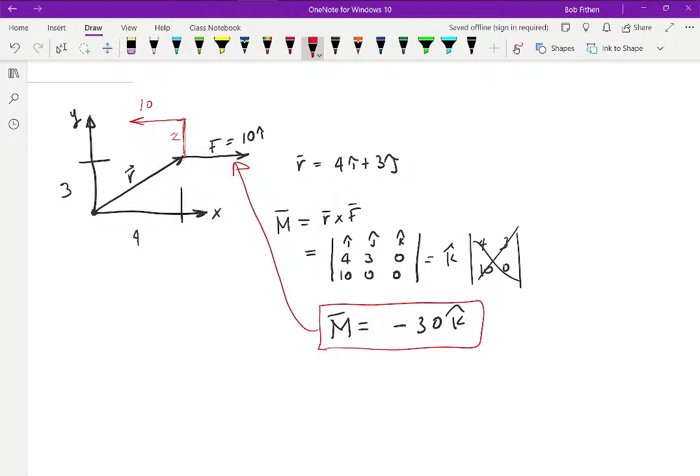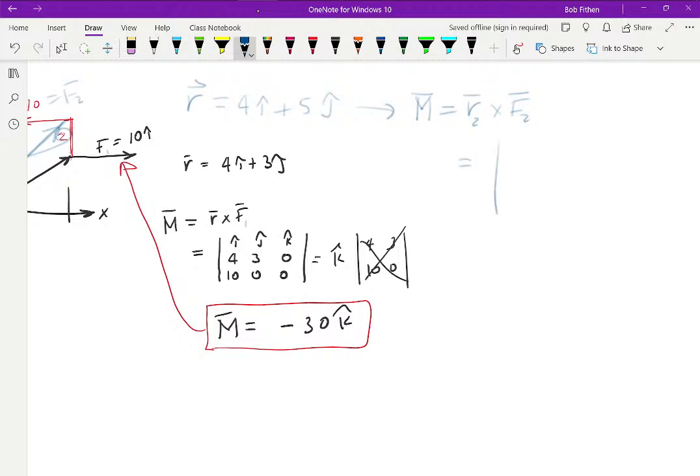So if we want to know the moment of the other one, we draw an r vector to the point of application of the load. That r would still be 4. This time it would be 3 and 2. I think that's 5. And then you use that to find the moment of, say, we'll call this F2. We'll call this one F1 now, is equal to R2 cross F2.